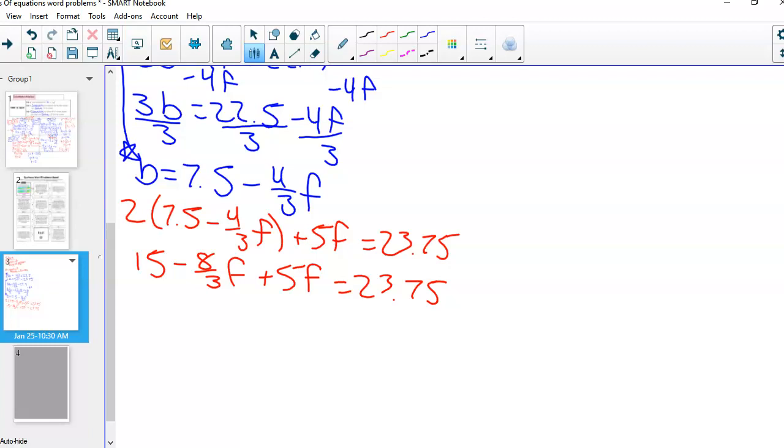Now when we combine these two, go ahead and do that in your calculator. Leave this as a fraction. Negative 8 over 3 plus 5. What is that?